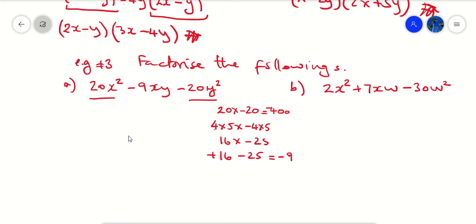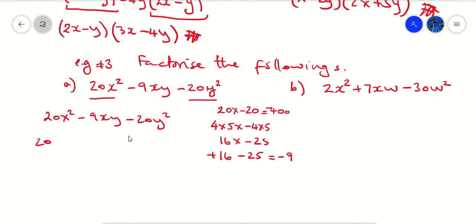I'm just going to rewrite my given expression, which is 20x squared minus 9xy minus 20y squared. Now I know my 9xy, right?